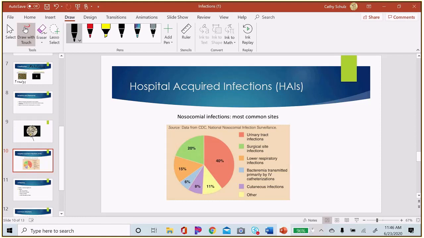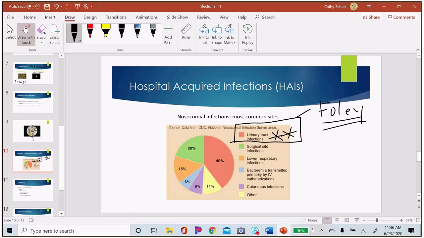The most common hospital acquired infection is a urinary tract infection, and that is in general related to having a Foley. So there are lots of rules around that as a nurse. We should use Foleys for a limited time, if at all.